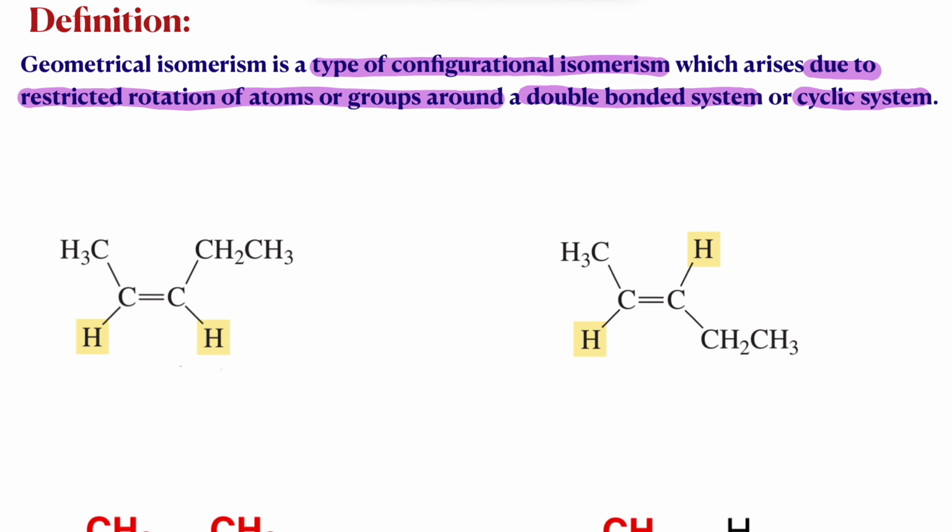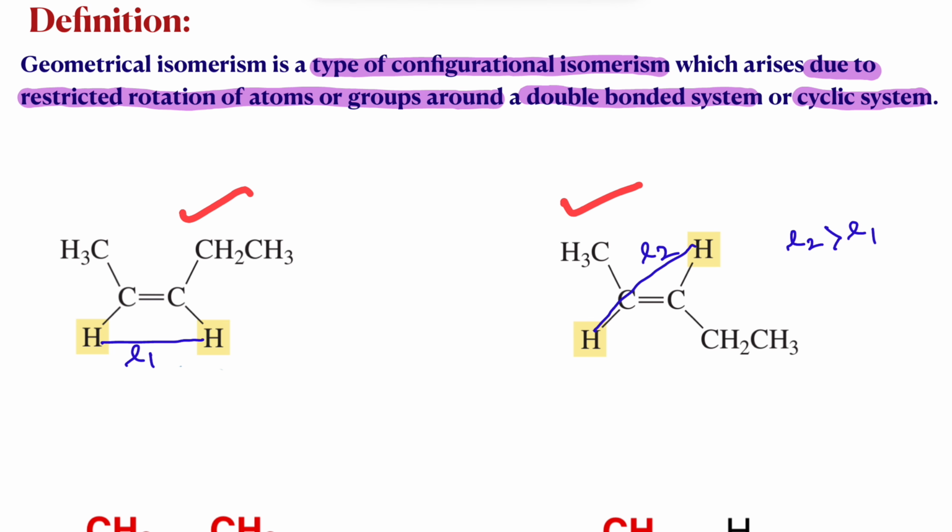If you see the relation between the first one and second one, you can see hydrogens are on the same side of the double bond and hydrogens are on the opposite side of the double bond. And this is the minimum distance between two hydrogen atoms, and this is the minimum distance between two hydrogen atoms. If I say this distance is L1 and this distance is L2, no doubt L2 is greater than L1.